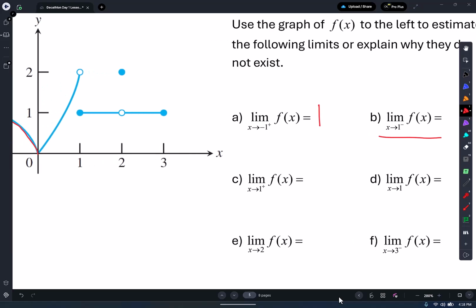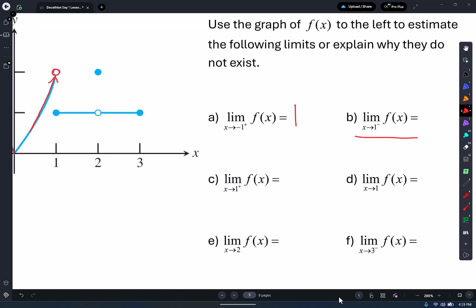So if I approach 1 from the left, what is that y value that I'm approaching? 1. No, not 1. You're looking at the curve and you're approaching 1 from the left. So look at the board real quick. So here it is. Here I'm using my laser. If I approach 1 from the left, what's that y value? Yeah, what's the y value? I think I heard you say it. 2. There it is.